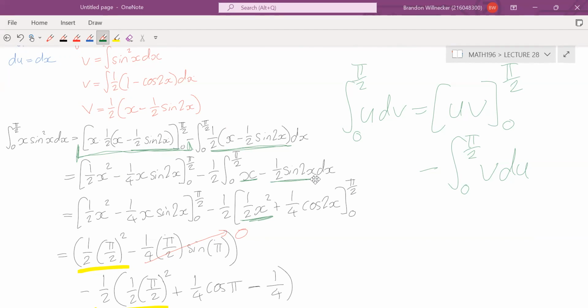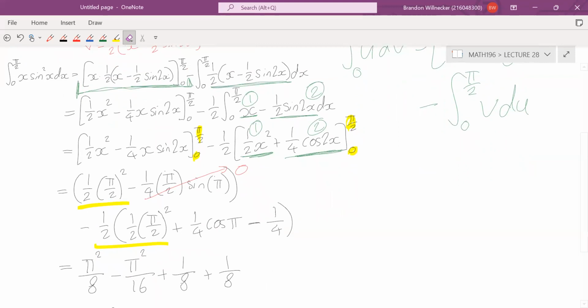So we get an extra factor of half. And then the integral of sine is minus cosine. So the minus and the minus make a plus. So we end up with plus 1/4 cos 2x. So that's integrating that second part. And then we need to then evaluate at the bounds.